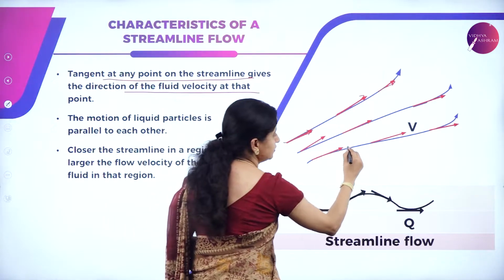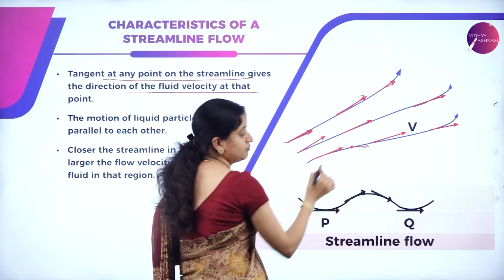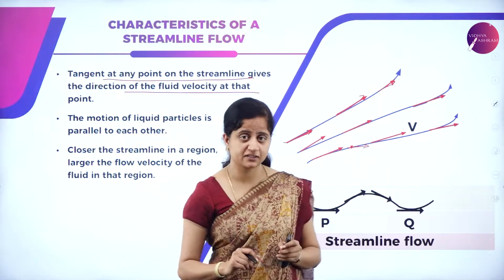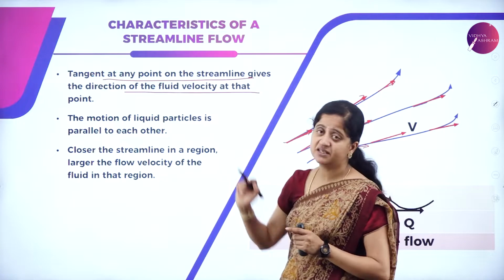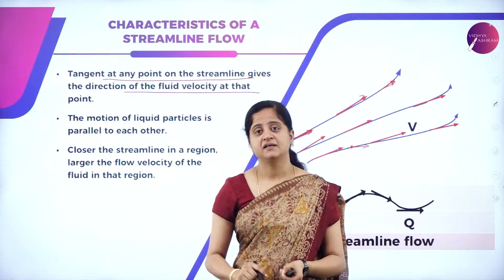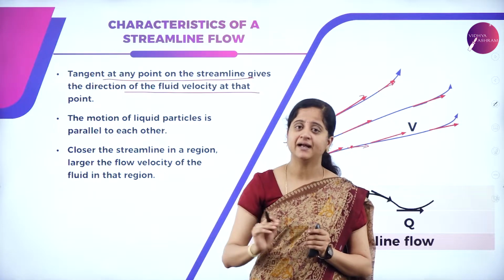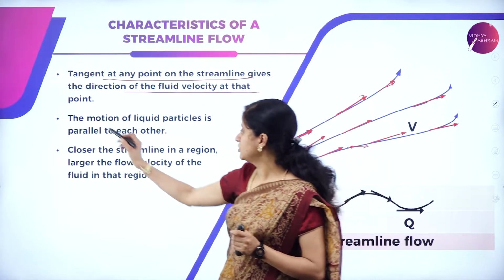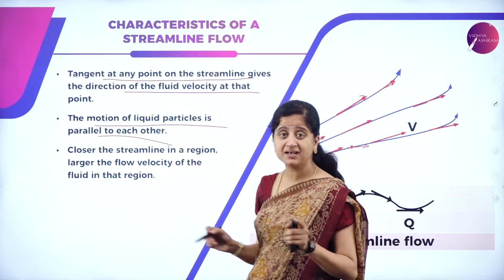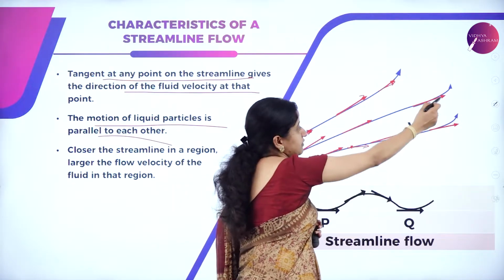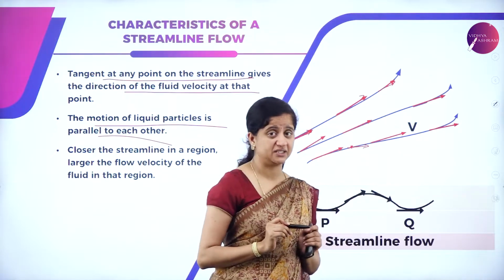If I write the tangent over here, it gives the direction of fluid velocity at this point. So one of the important characteristics of streamline flow is that a tangent drawn at any point gives the direction of velocity of the particle or the fluid at that particular point. And the motion of liquid particles is parallel to each other. They are not turbulent. Here also we can observe the motion of liquid particles is parallel to each other.